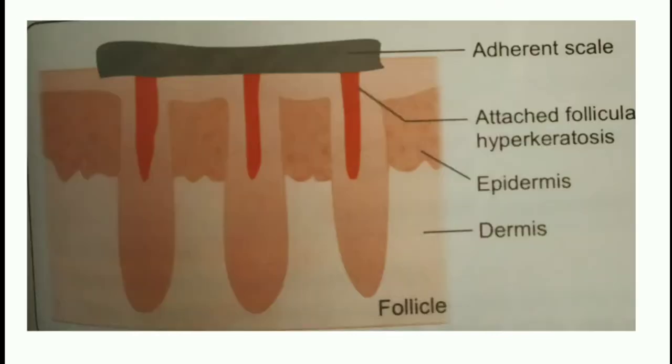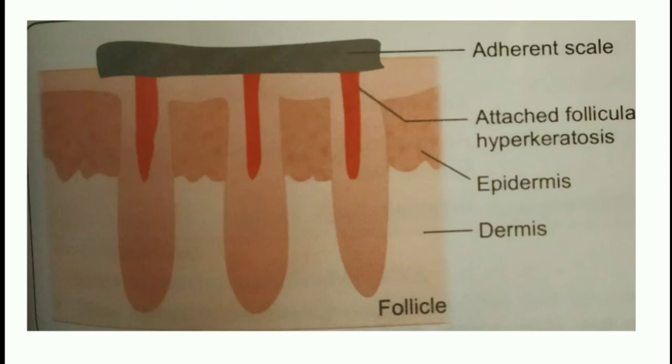You can clearly understand by this schematic representation. Above you can see an adherent scale. Below you can see the dilated hair follicles. Later some hyperkeratosis can occur in this area, and they can form certain hard plugs.